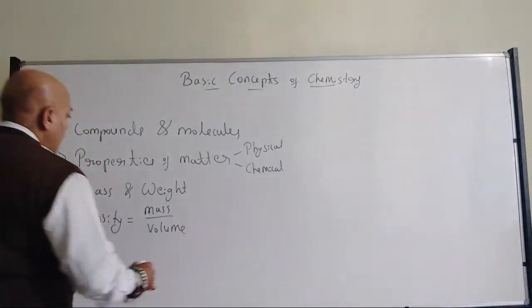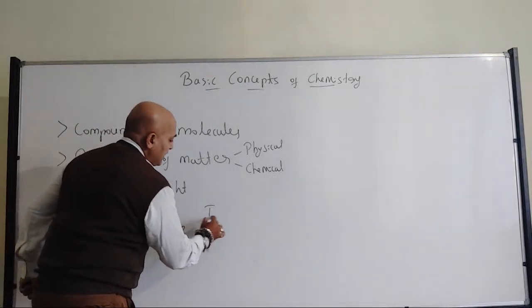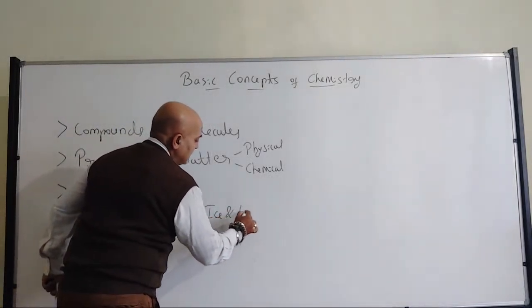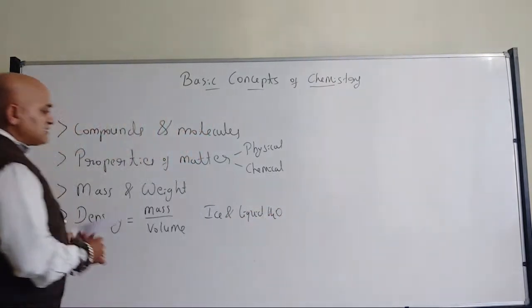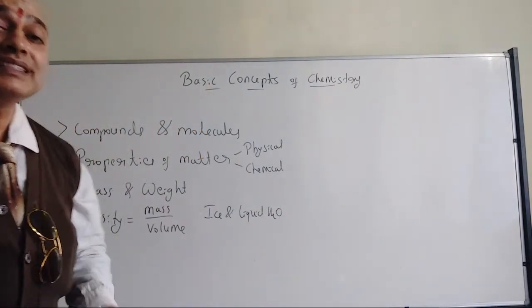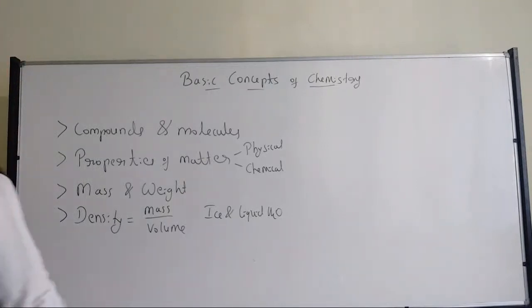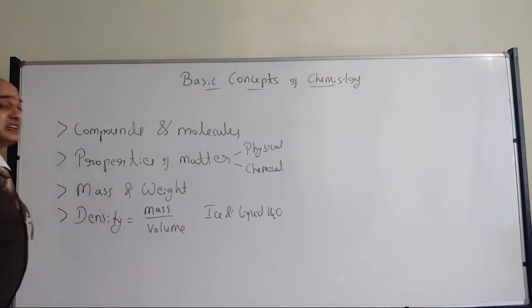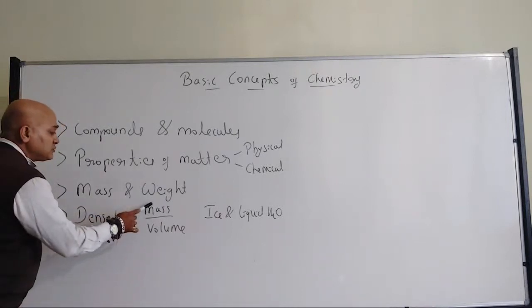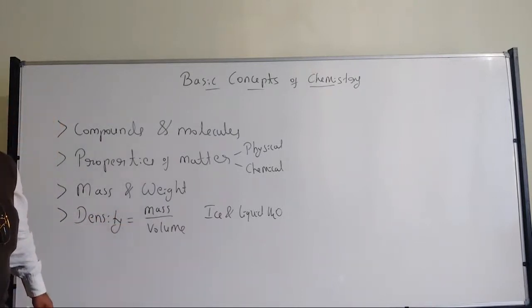Right? So now we took the example of ice and liquid water to explain this one, and we observed how volume is going to have the effect on the density, and how the mass is going to have the effect on the density.